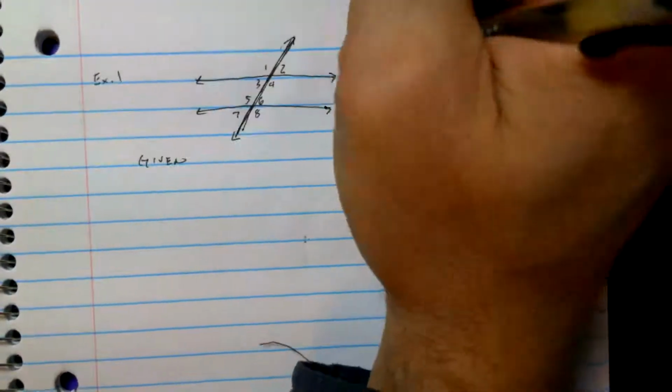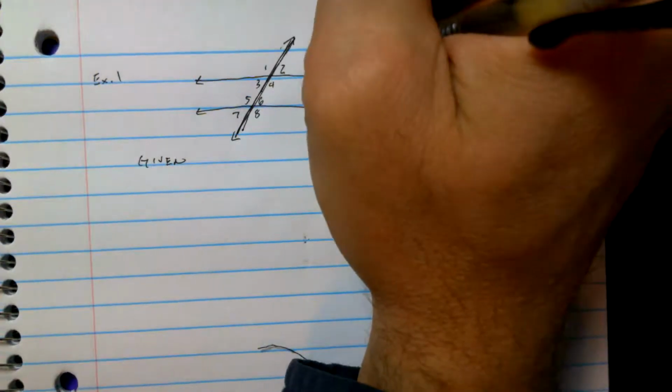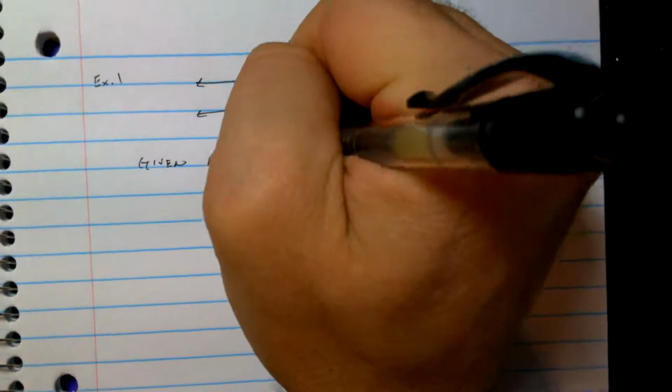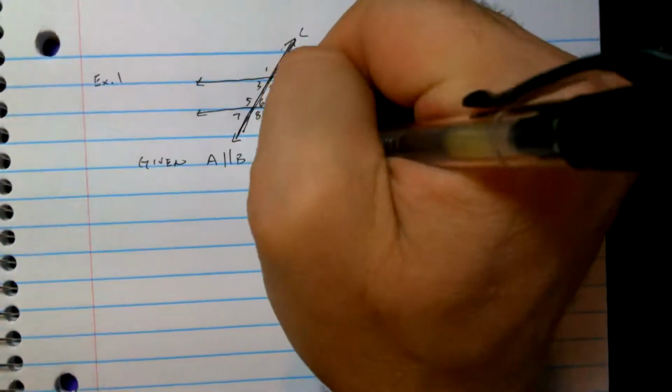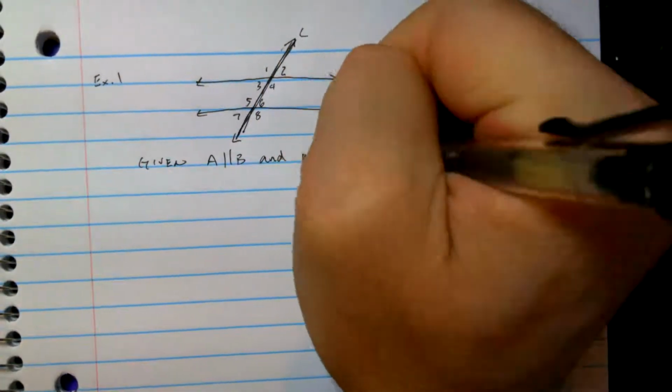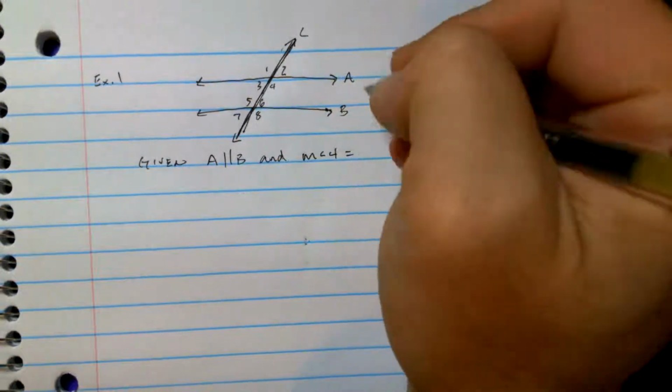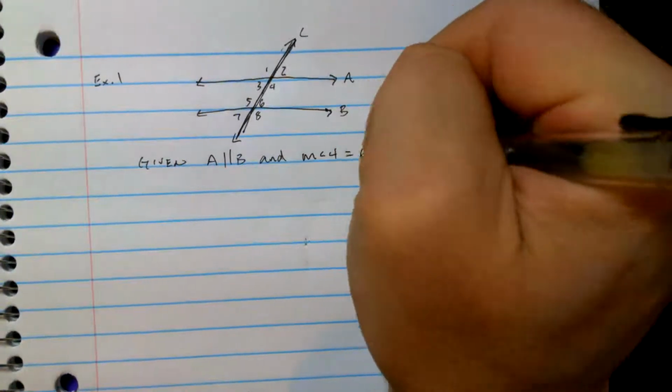Given, and we'll call these lines A, B, and C, A is parallel to B, and the measure of angle 4 equals 68.